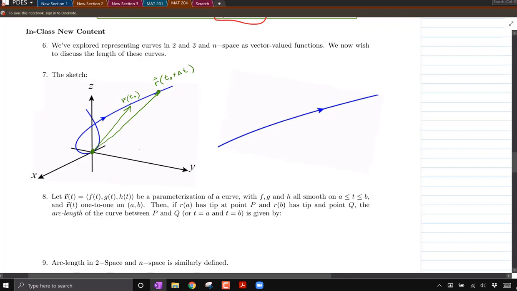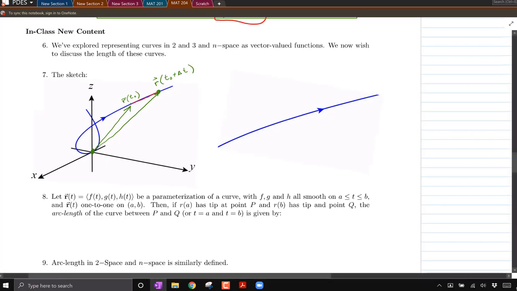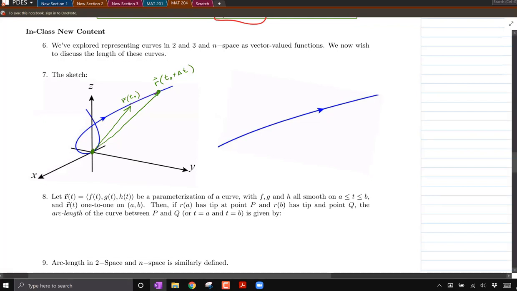And so our strategy is to look at, first of all, this difference right here. That difference right there, and I'm going to call that difference... Now let me be a little careful here. I'm going to go ahead and draw the difference along the curve, which is this curve segment right here. That's our delta s. Okay.